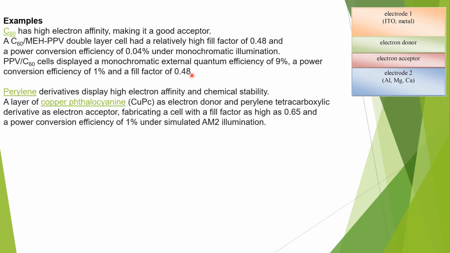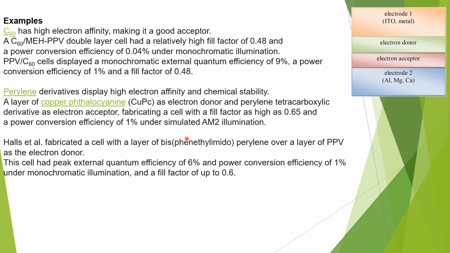If copper phthalocyanine is used as the electron donor and perylene tetracarboxylic as the electron acceptor, then the efficiency changes to 1% and the fill factor is as high as 0.65.